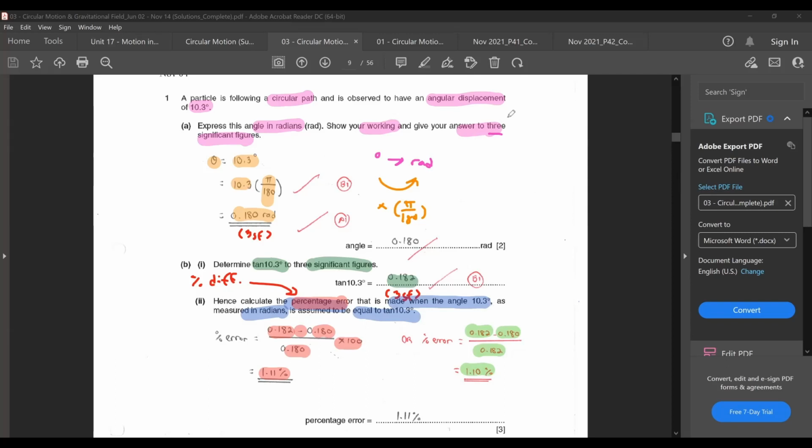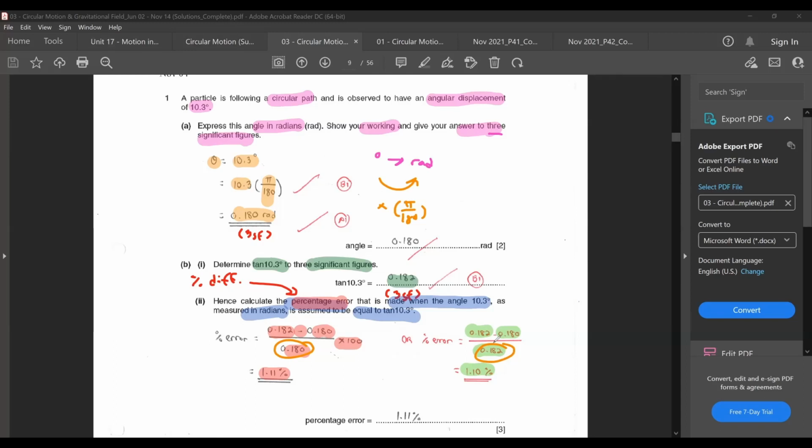The only difference between these two is the reference value you use to find the percentage difference. This one here is using 0.18. This one here is using 0.182. Both methods are equally applicable. So just use whichever you want.